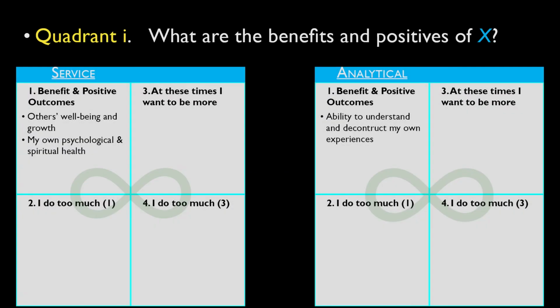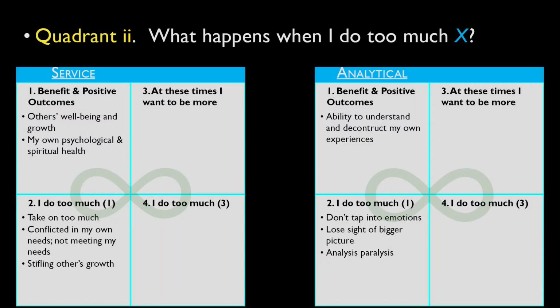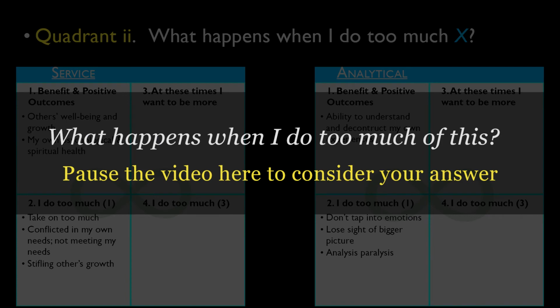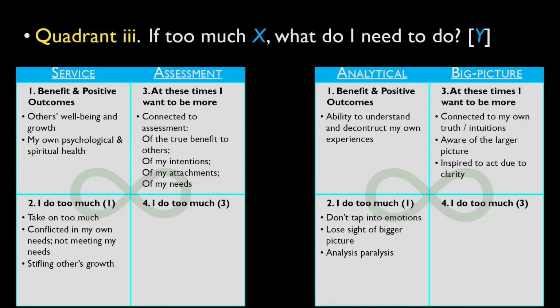But this can get out of balance. What happens when I do too much? I take on too much and get burnt out. I'm conflicted in my own needs and I don't meet them, and I may stifle others' growth. Rather than allowing them to do things for themselves, I do it for them. When I do too much service, what do I need to do?